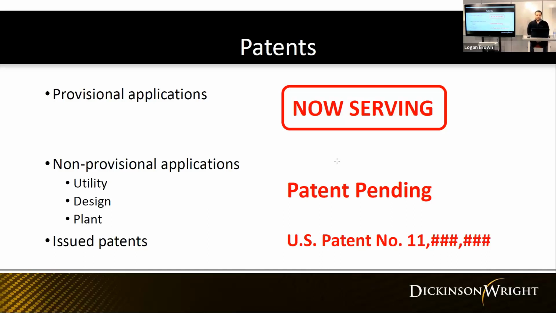So jumping a little more into patents, I already kind of described what a provisional application is. It's a placeholder for your idea. It buys you time up to a year. And that one year time period is something that's very important because the number one issue that I see businesses or entrepreneurs running into when they have an idea that is potentially patentable is that they don't understand that from the moment you publicly disclose your invention or the first time you sell it, you have now triggered a one year time period in which if you do not file an application for your idea, that year passes, that idea is now public domain.